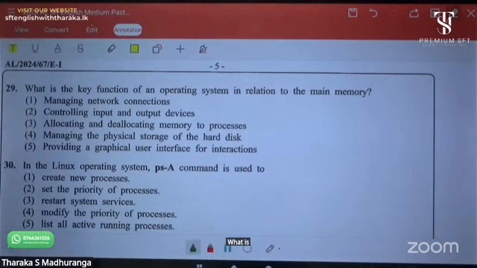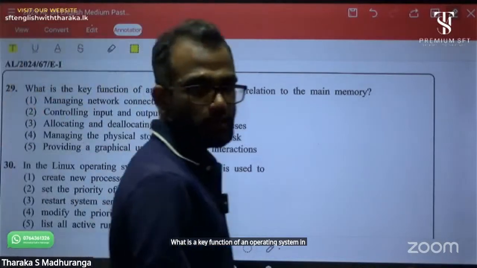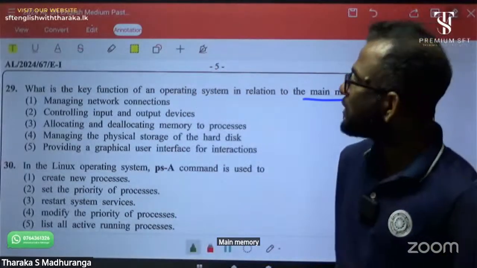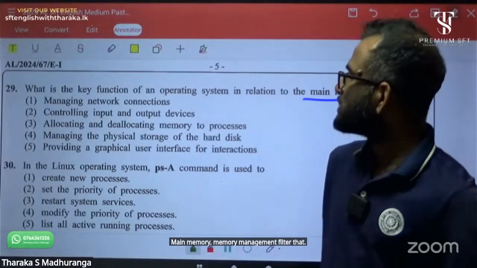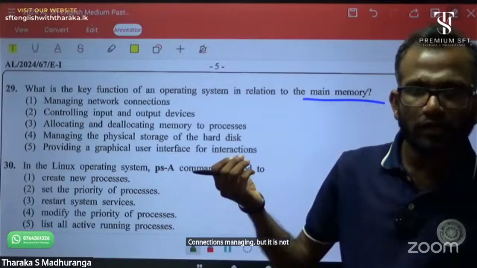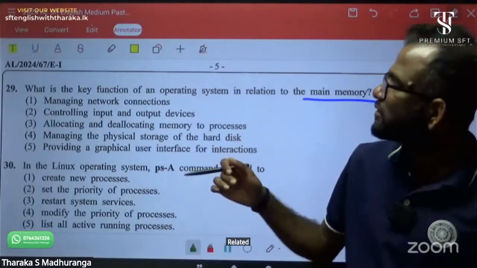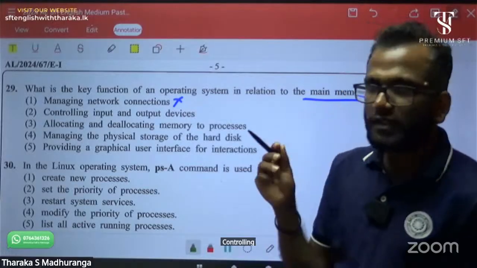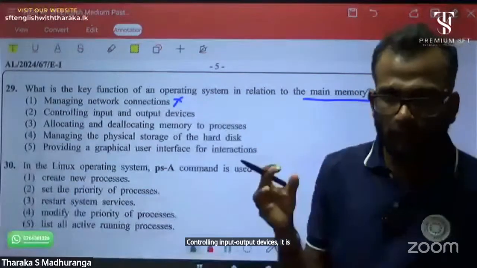What is the key function of an operating system in relation to the main memory? Main memory management, right? Managing network connections. Connections managing, but it is not related to memory, right? Controlling input output devices, it is device management, not memory management.